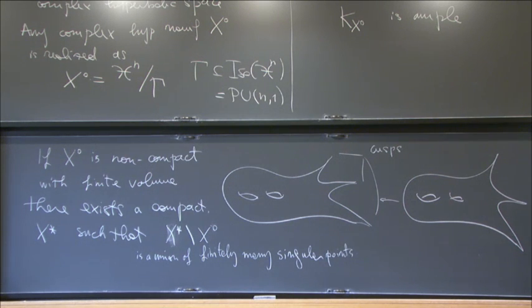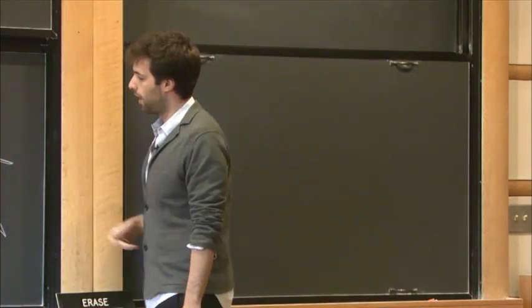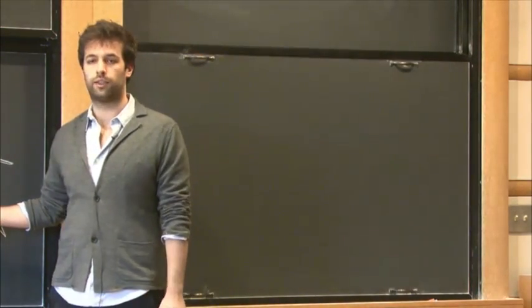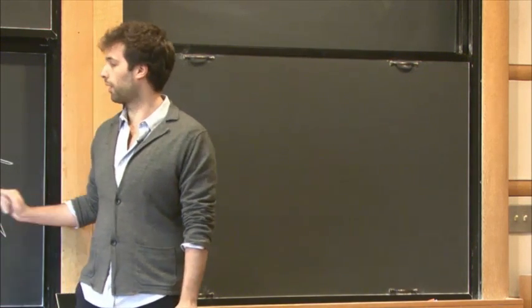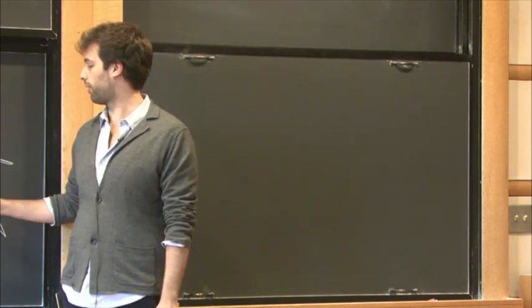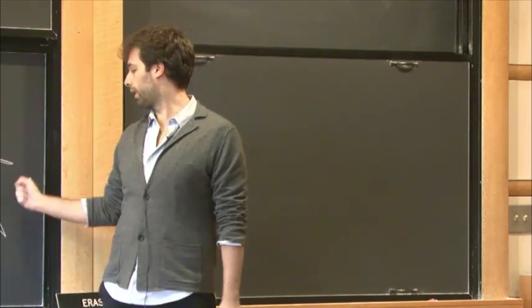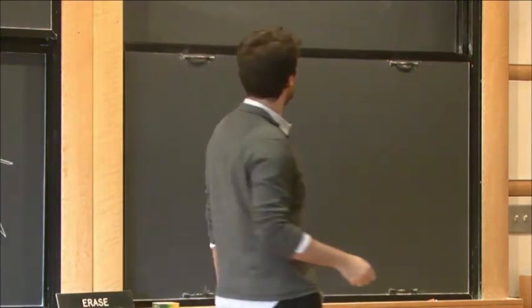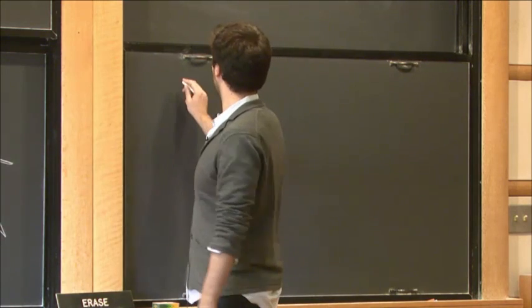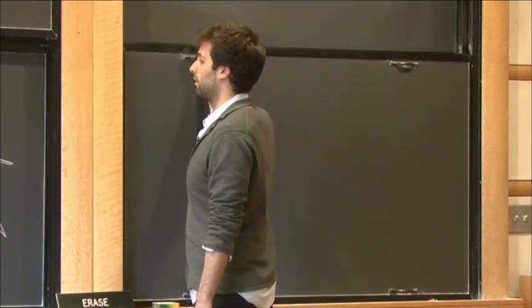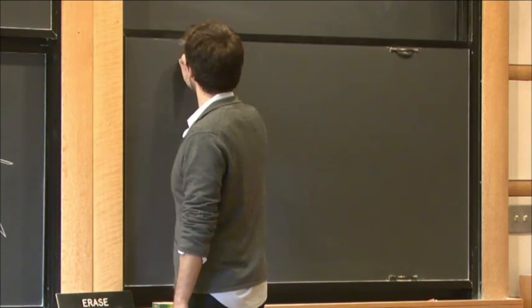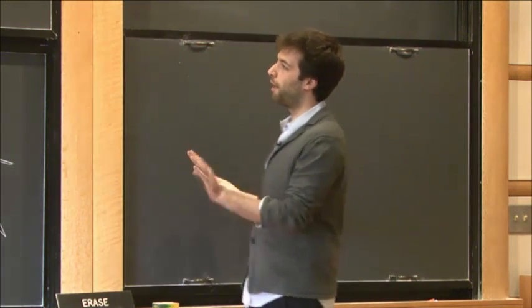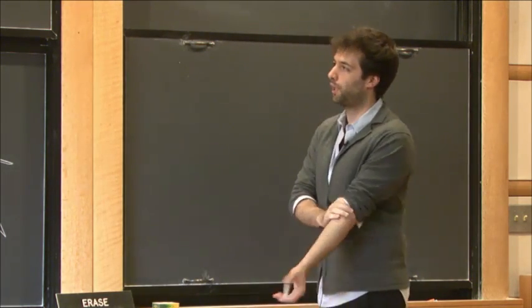This object is getting more familiar in algebraic geometry. What I want to do is resolve the singularities of X star, and we are going to get a smooth variety with a configuration of divisors coming from these singular points. I need a mild assumption on the lattice that I will explain later.